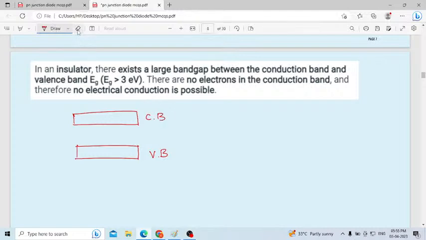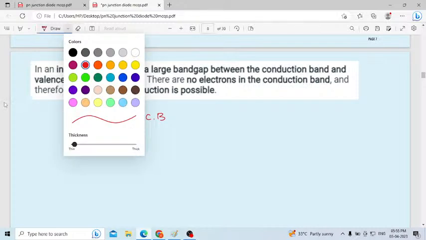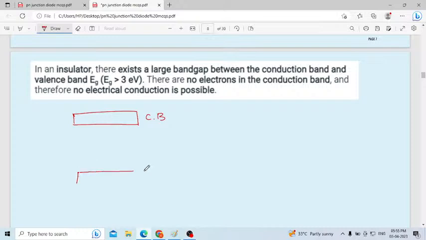For the insulator I have to draw a little more gap compared to the semiconductor. That's why I will draw once again here. I will leave this much gap. This is the energy gap, E G. This is the energy level, increasing level, I am showing with an arrow mark.